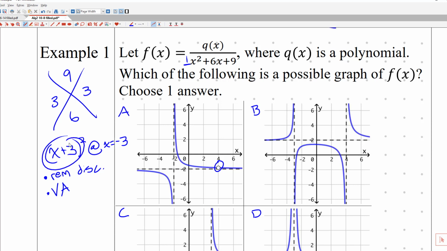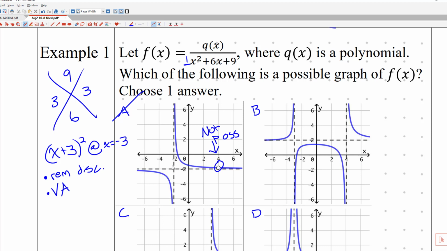If there was an x minus 4 in the denominator, then I could see a removable discontinuity there, and I would assume the top function also had to have that. But it's impossible since I only have an x plus 3 in the denominator. So A is out just from looking at this. This point right here is not possible.